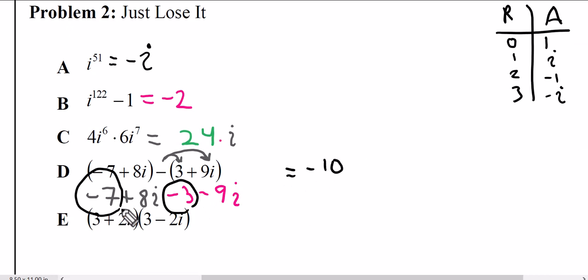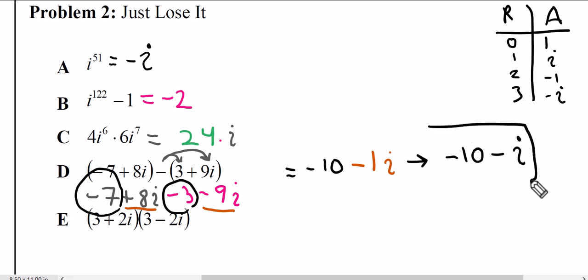And then we have plus 8i minus 9i is a minus 1i. However, we don't typically write that 1 in front. We just put it as a minus i. On quizzes and tests and assignments, you'll see me write it more like this than with a 1 in front. But they are equivalent.